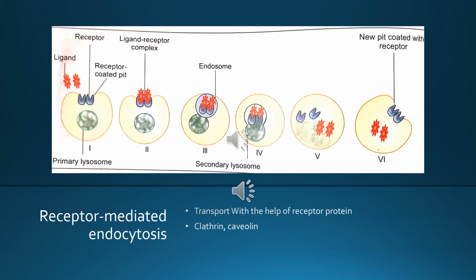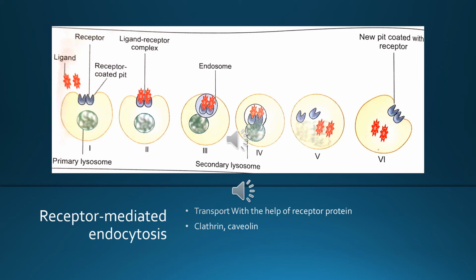forming a complex called ligand receptor complex, and this ligand receptor complex gets collected in the coated pit, and then it gets detached from the membrane, becomes a coated vesicle and forms an endosome. Then it travels into the interior of the cell.